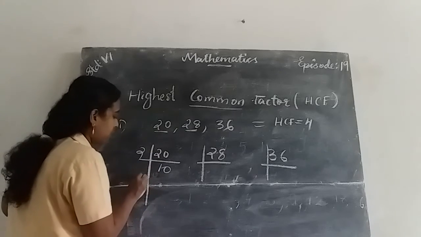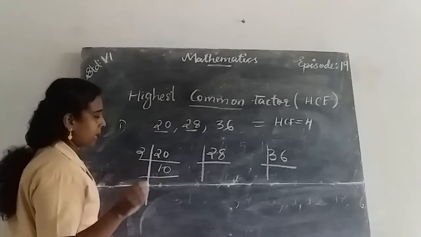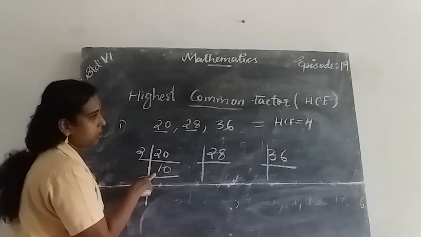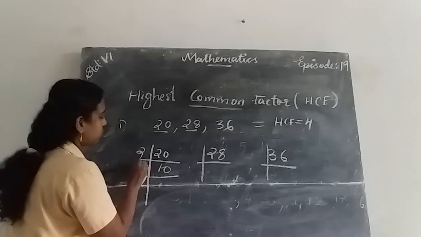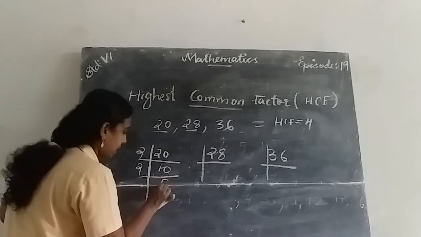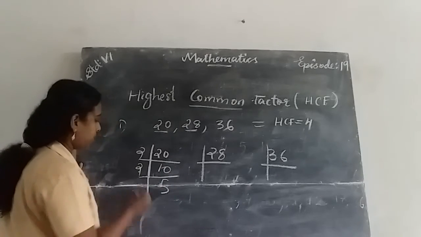Then we also divide 10 by the least prime number. Okay, so 2 divides 10. 2 is the least prime number, so we get 5. 5 2s are 10. 10 by 2 we get 5.